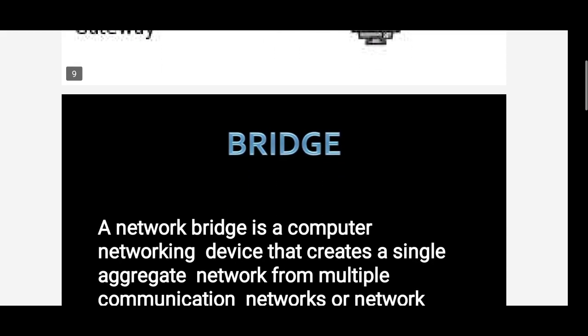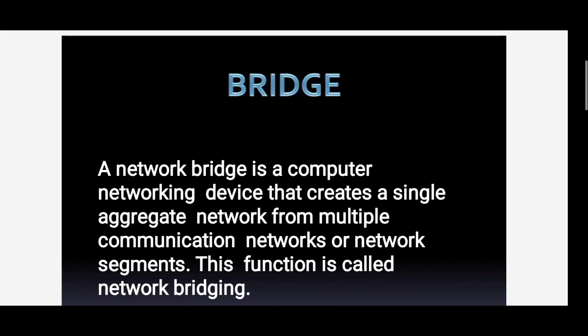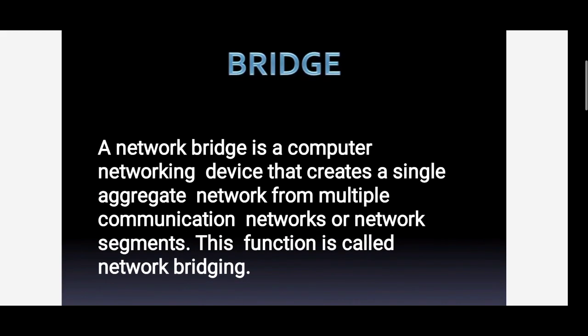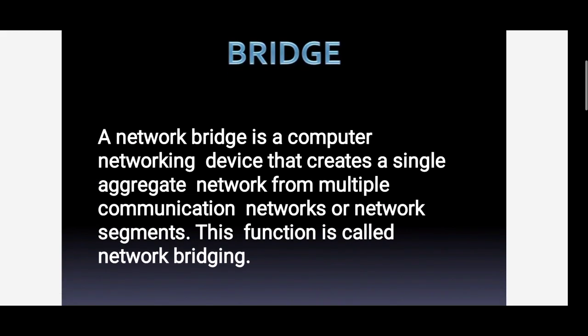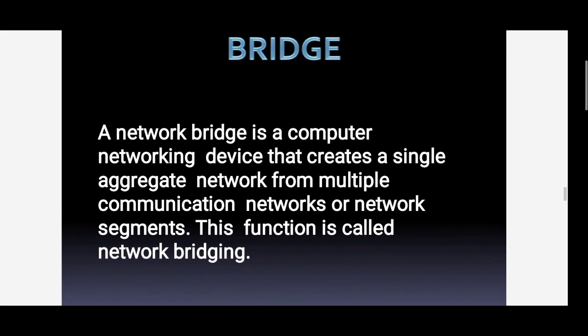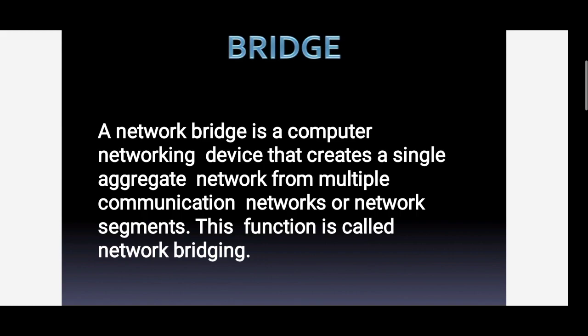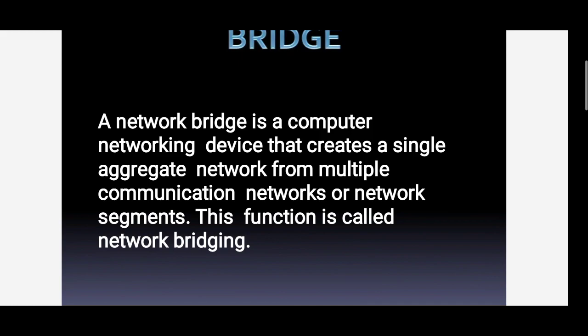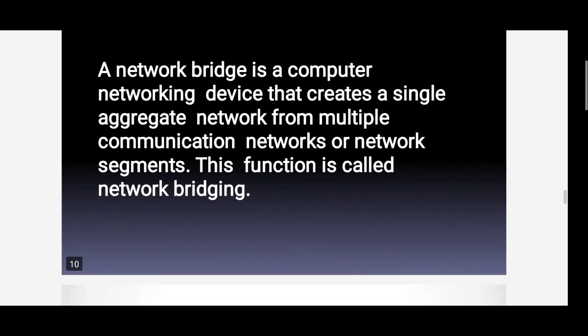Next one is bridge. A networking bridge is a computer networking device that creates a single aggregate network from multiple communication networks or network segments. This function is called network bridging.